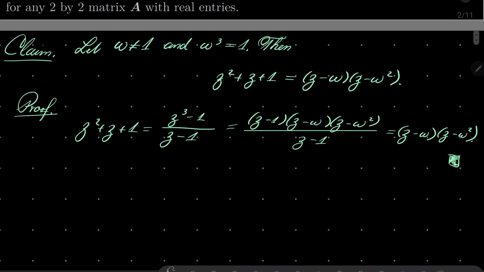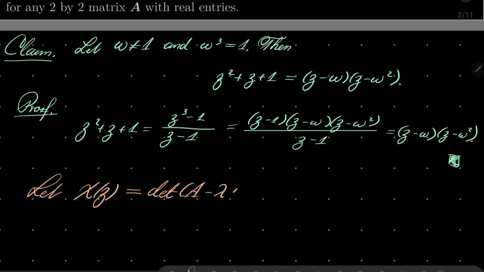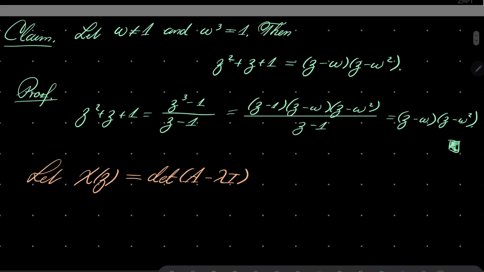Alright, so now let chi of z be equal to the determinant of A minus z I. It is the characteristic polynomial. Not lambda, but z, since I'm calling my variable z.